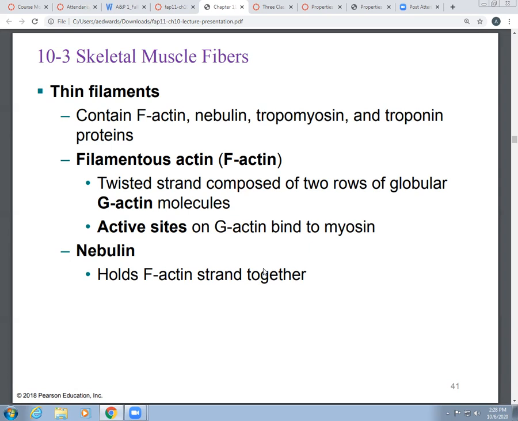Now nebulin holds the F-actin strands together.